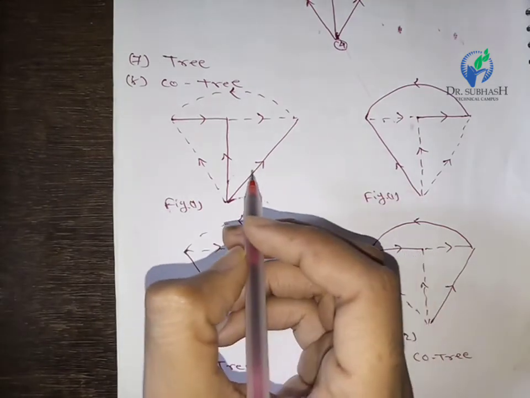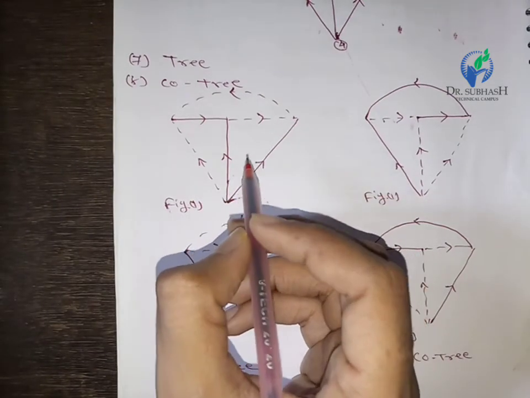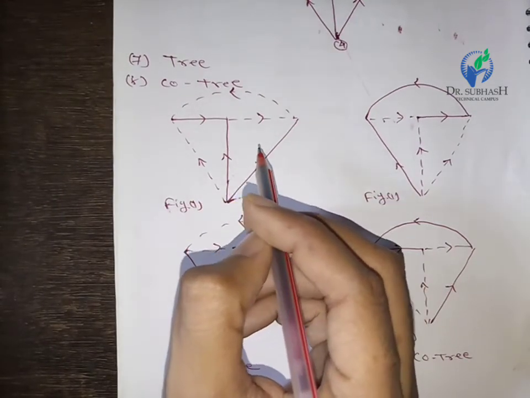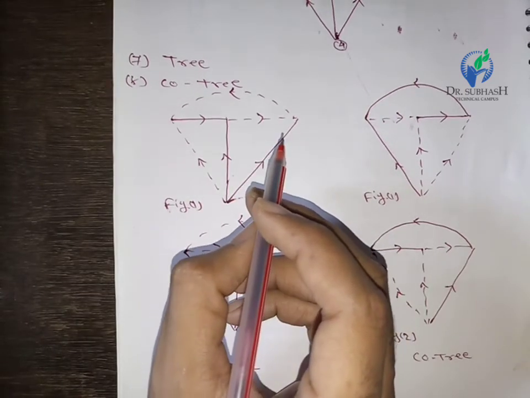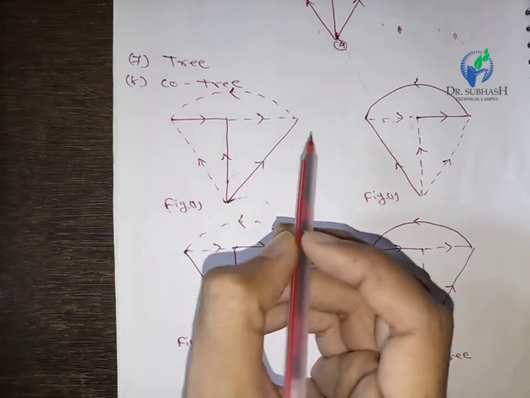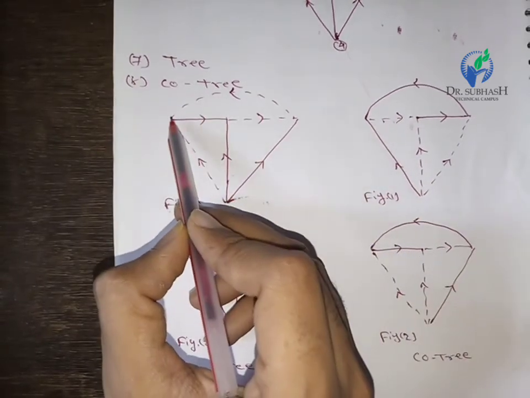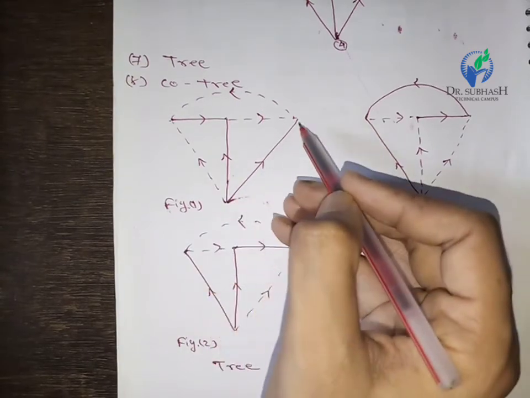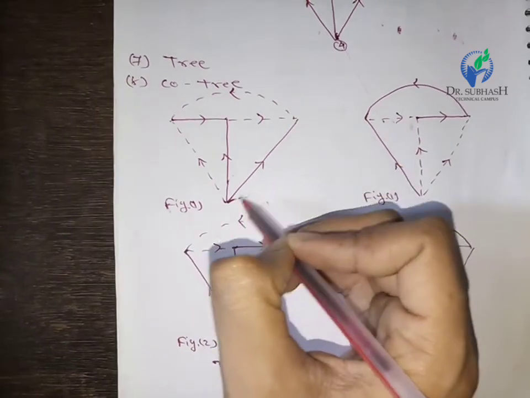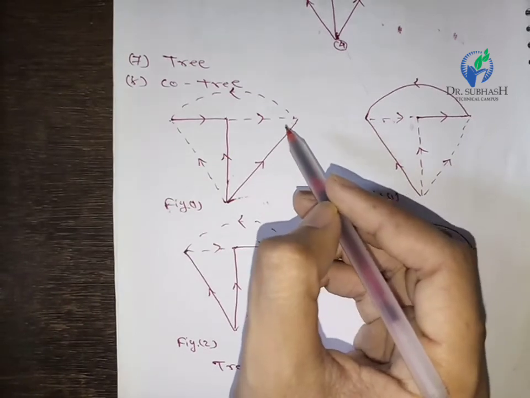I repeat, a connected subgraph containing all the nodes of the original graph but no closed path is called a tree. Here points 1, 2 and 3 connected form a tree.